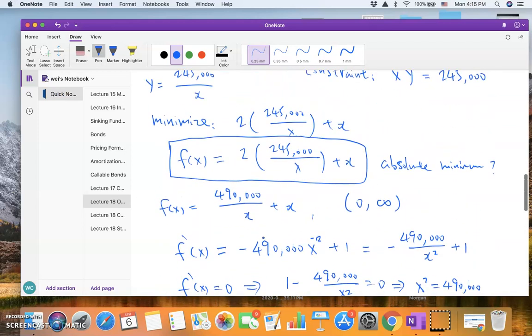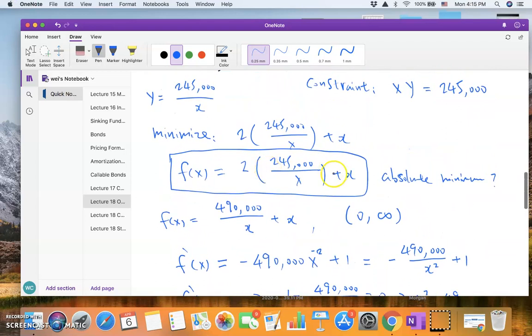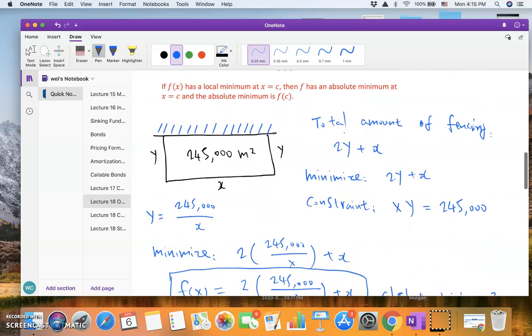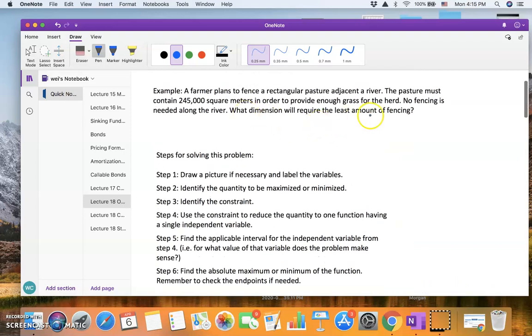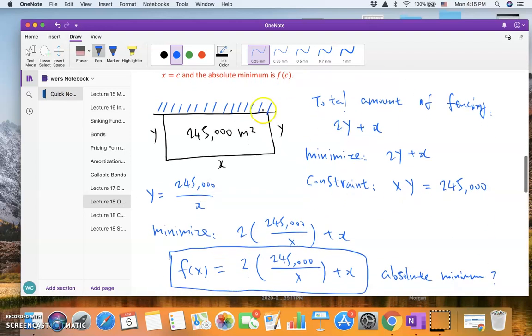Okay, so that means when x equals 700, this quantity is going to have a minimum value. But because we're asked to find the dimensions of this rectangular area, now that we have found x equals 700, to determine y, we can use this constraint.